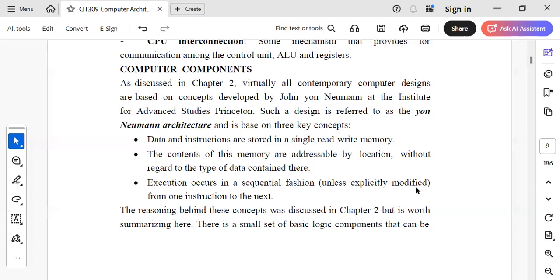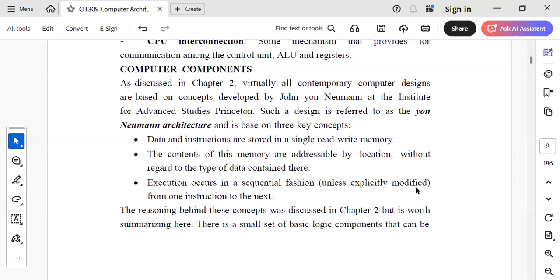One, data and instructions are stored in a single read-write memory. Two, the contents of this memory are addressable by location without regard to the type of data contained there.